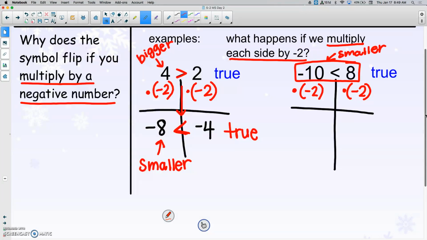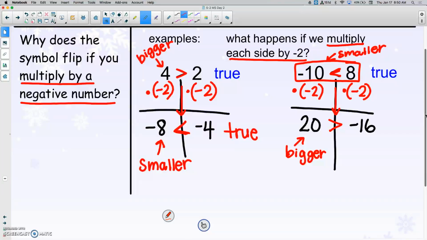So now multiplying both sides by -2, a negative times a negative is a positive. A positive times a negative is a negative. So look what happened. 20 is the positive number, so this is bigger. 20 is greater than -16. So again, the symbol that started as a less than had to flip.